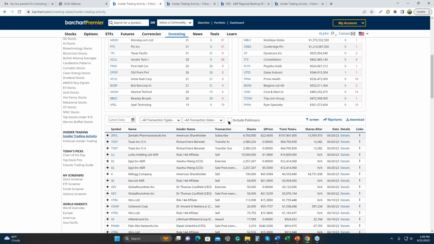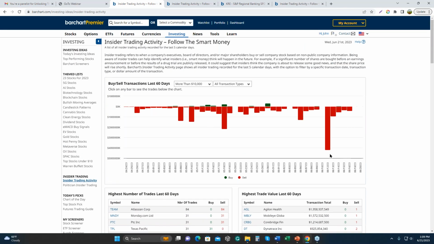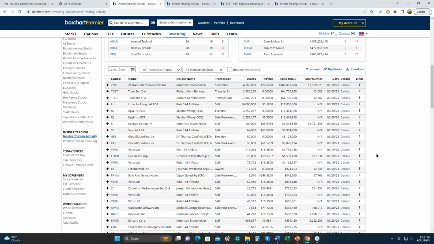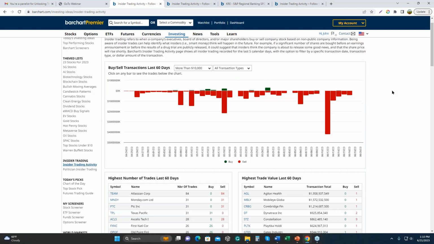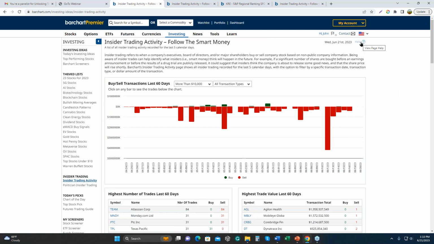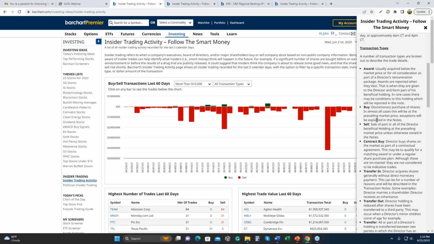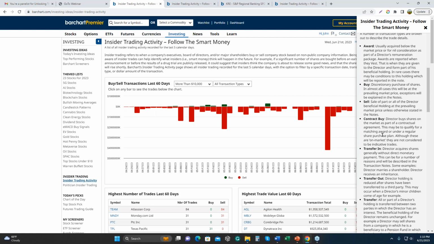So if you have any questions about what the different types of transactions are, and there are many different types of transactions, up here under the help button, we scroll down, you can see the different types of transactions. Now we're going to pay particular attention to the buys and sales.